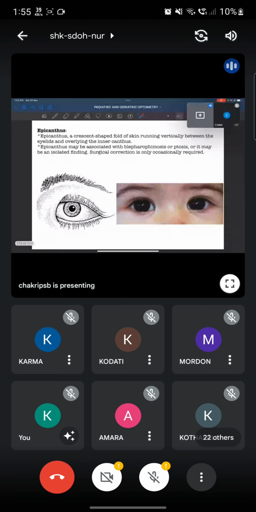And next is epicanthus. Epicanthus is an external fold. It may occur due to incomplete closure of the eyelids, and the nose bridge is affected. Mainly we observe this epicanthal fold and a flat nose bridge.